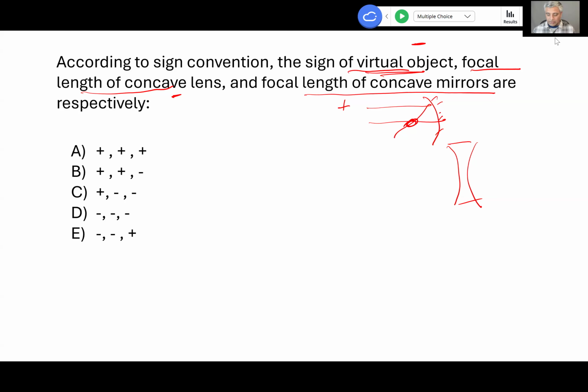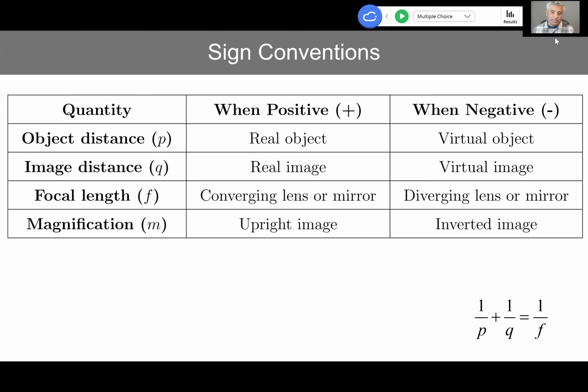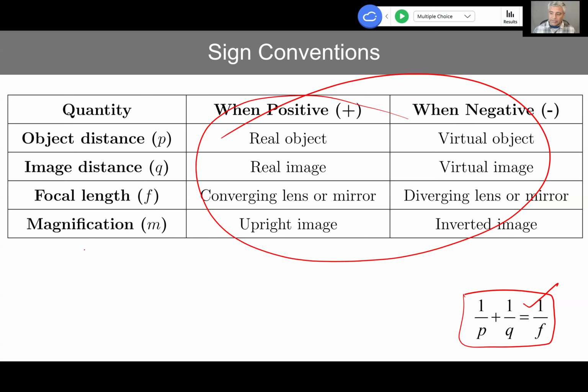Okay. So here is this table that tells you, see here, virtual object is negative. Virtual image is negative. So whenever you see virtual, that is negative. And this is the lens formula or mirror formula. To use this, you need to use the correct sign convention.